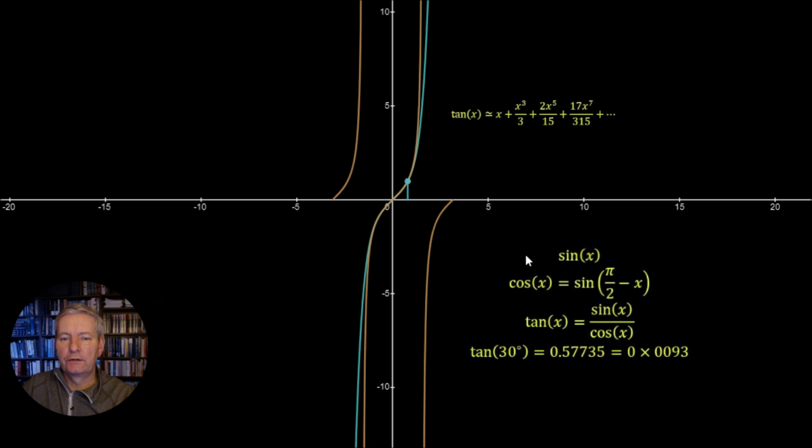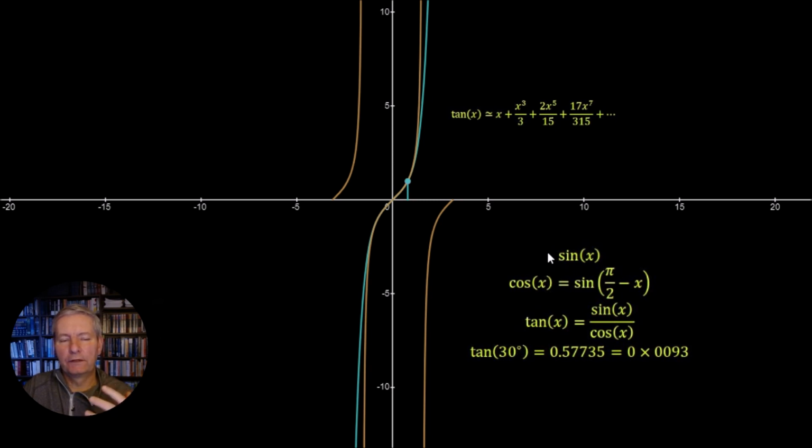Now we can use the simple trig identity that tan x is equal to sin x divided by cos x. And we know we've got a method of generating the sin x and cos x over the entire domain. So in order to work out, for example, the tan of 30 degrees, we can work out the sine of 30 degrees.